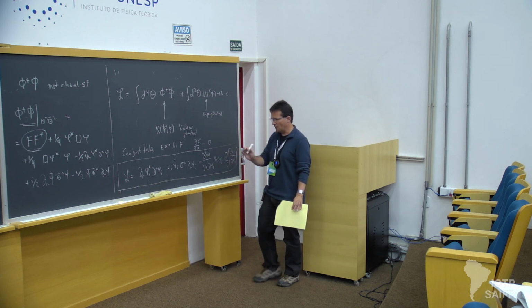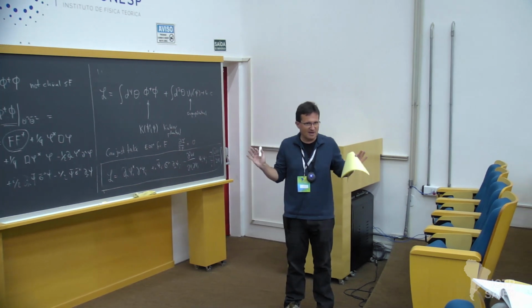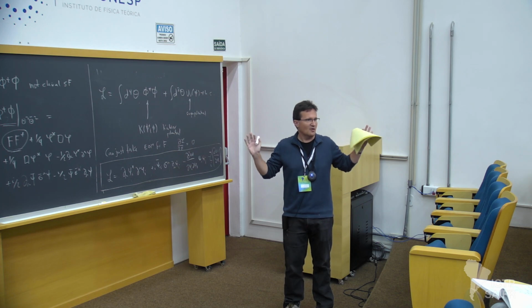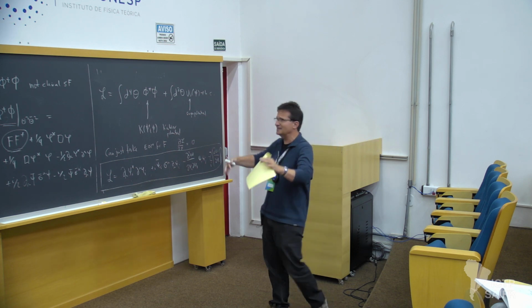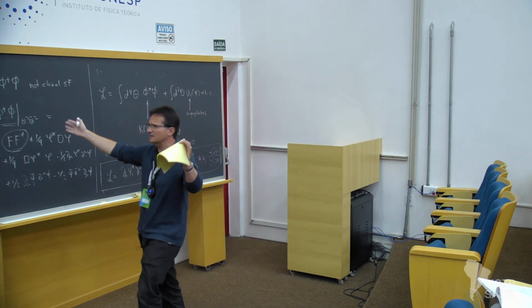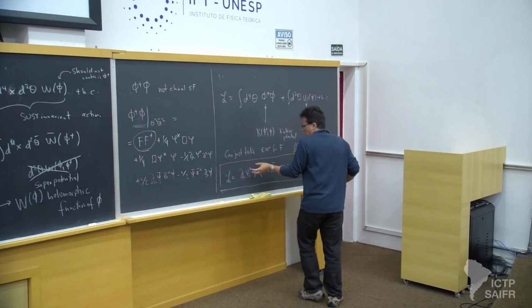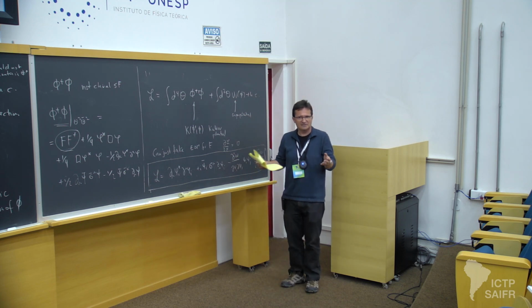First of all, the most important thing you should notice is that supersymmetric theories are ordinary field theories. They are very special ordinary field theories. Even though we write it in this fancy way with d2 theta, d4 theta, etc., they are just a theory of interacting scalars and fermions. There's nothing mysterious about them.